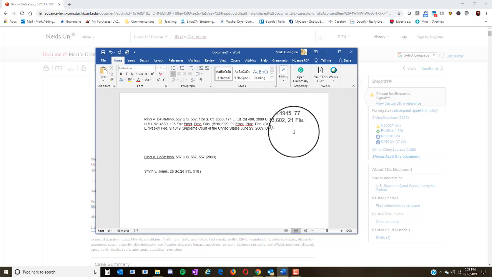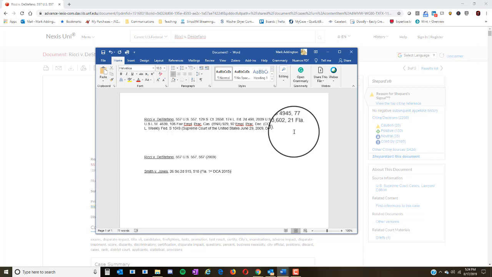The biggest reason I'm showing you another case on the state level is because unlike the Supreme Court, where there's only one Supreme Court, there's lots of trial courts, or appellate courts. One of the things we might do here is say that this came out of the Florida First DCA, which is the Florida First District Court of Appeal, in 2015.